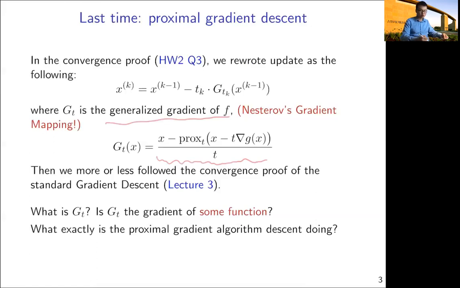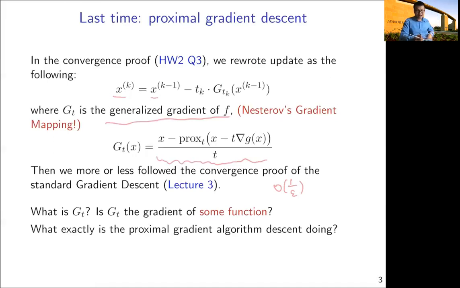But once you do this, you can rewrite the update rule into something more similar to gradient descent. If you just follow the instructions of homework 2 question 3, you'll be able to work out almost exactly the same lines of argument from our proof of the standard gradient descent, but replacing the gradients with the generalized gradient, and then you'll end up getting the order 1/epsilon convergence of the proximal gradient.